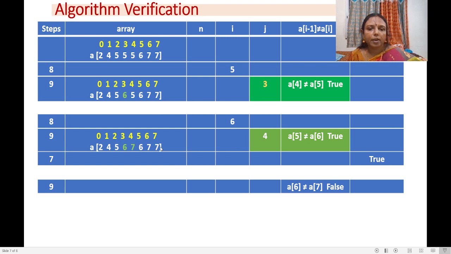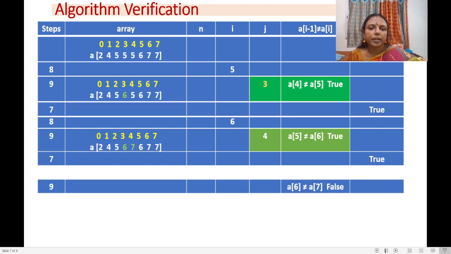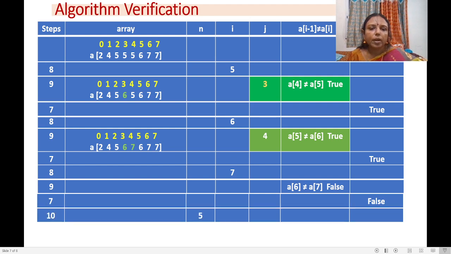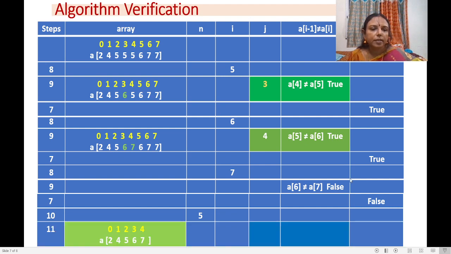So this condition will be false. So I will just increment this value, so it becomes 7. Now 7 is not less than n minus 1, so I will stop. That's it. I will get the values 2, 4, 5, 6, 7. This is how you can verify your algorithm, and it is working perfectly fine.